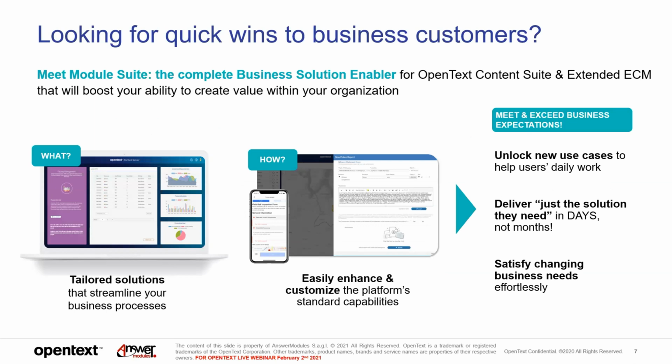So how can these needs around digital acceleration be met in the context of Content Suite and Next-Gen ECM? Obviously, this is where our product comes in. This is where the module suite comes into play, because the module suite is the most complete business solution enabler on the market. Just to break it down into three bite-sized pieces: it helps you create tailored solutions that meet your specific business requirements.